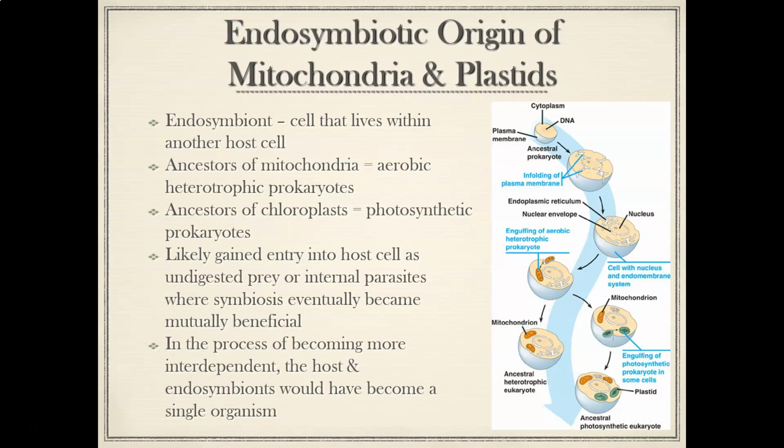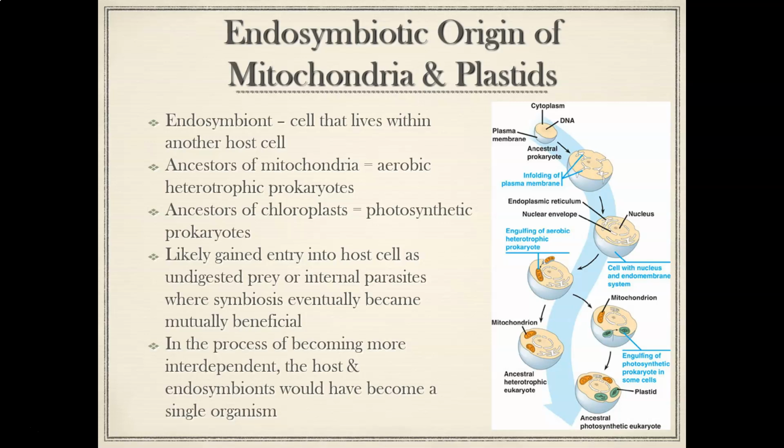And eventually, this happened enough times, and that symbiotic mutualistic relationship became so integrated within this bigger host cell that not only did those ancestral mitochondria, those ancestral chloroplasts, start depending on their hosts for materials, but that host cell also depended back on them for the ability to now generate their own food in the case of chloroplasts, or to probably more effectively produce energy in the case of those ancestral mitochondria.